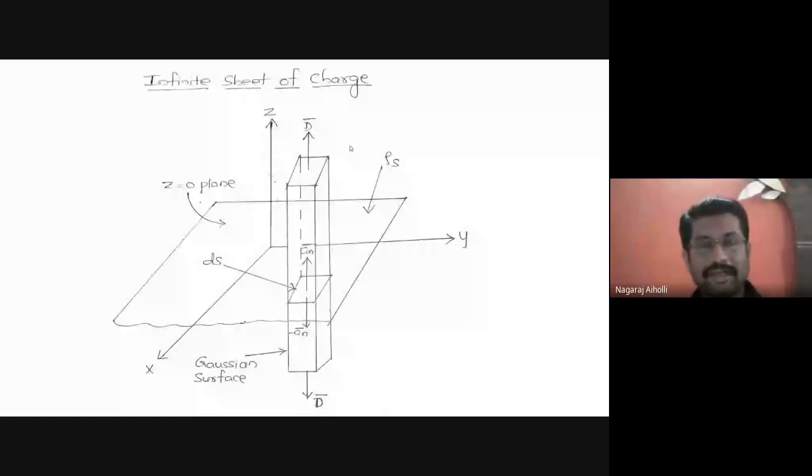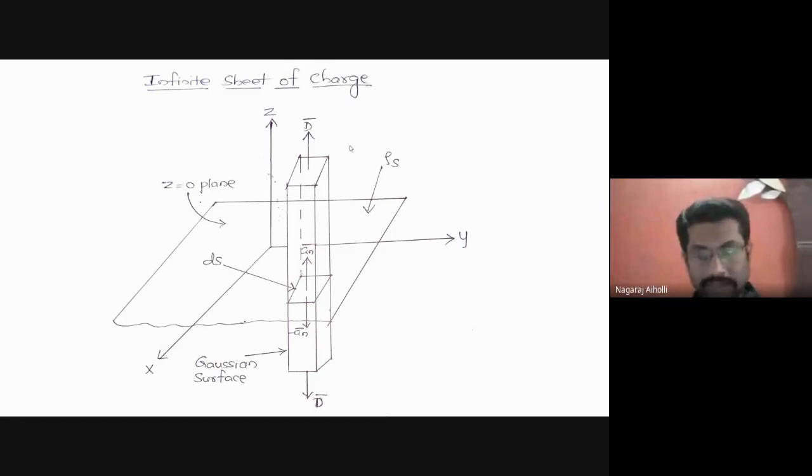Yes, you are right. The total area of the rectangular box will be obtained, because dx into dy is a small portion, it is a small area, right? If we integrate that, we are getting the total area of the box. Either it may be for the top surface or for the bottom surface. If you integrate dx into dy over the top surface, you are getting the total area. If you are integrating dx dy for the bottom surface, then also you are getting the total area.